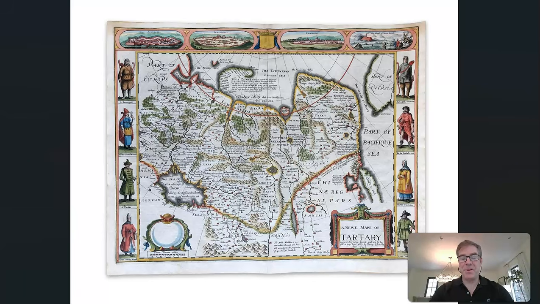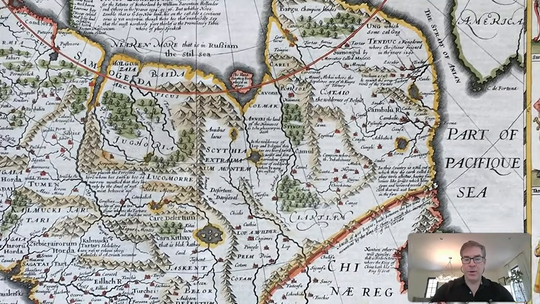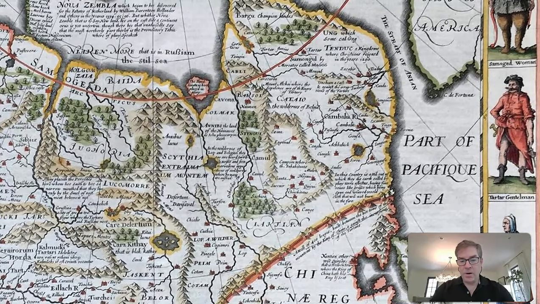But I do remember from that research a map like this that I looked at, and you can see there the Great Wall of China divided China at that time from Tartary. And you can see the Strait of Anian in the upper right hand corner across from America. But you can see right on the eastern northern coast of Tartary a city called Tinduk.